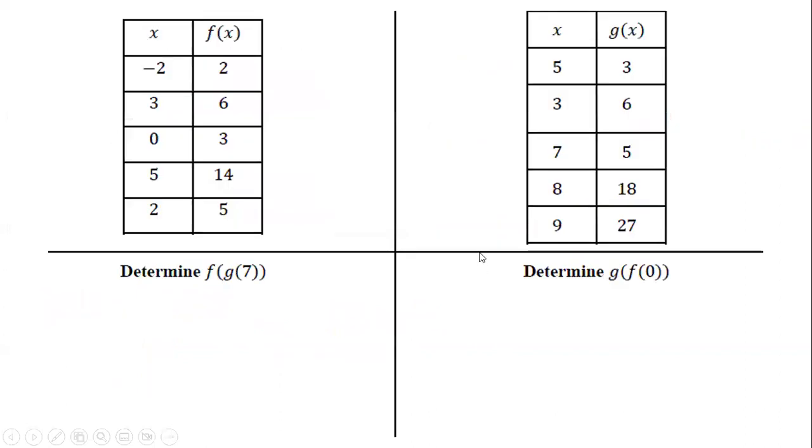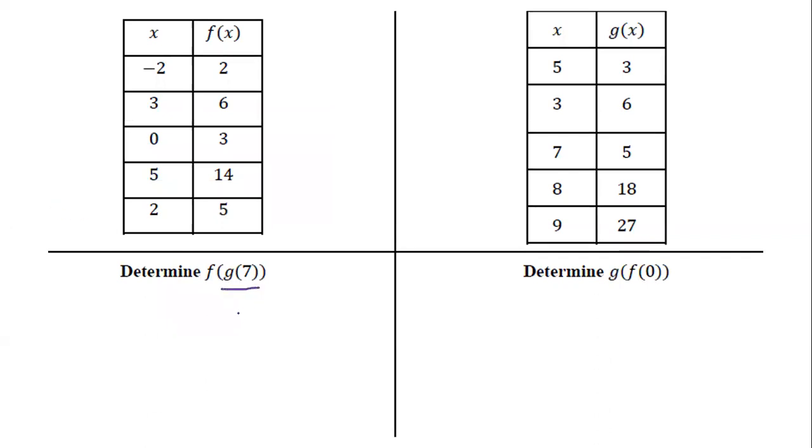Now let's talk about using tables. So using the table, again, we start from the what? The inside. So we start from the inside, and our inside is G of 7.